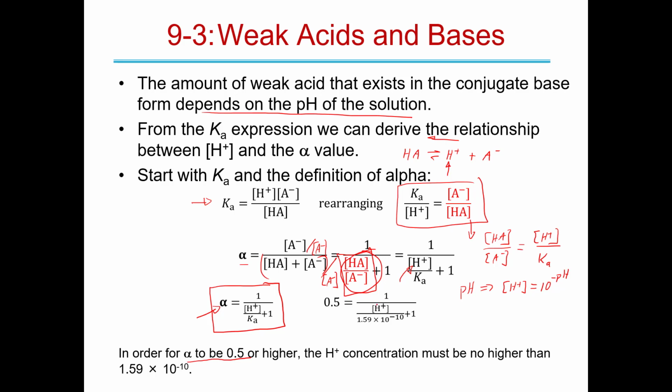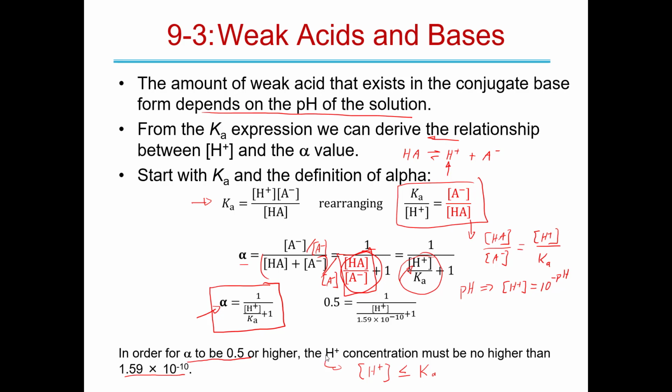And so our H+ concentration could be no higher, for the weak acid that we were working with, the trimethyl ammonium chloride, than the Ka value for that, 1.59 times 10 to the negative 10th. So in general, the H+ concentration would have to be less than or equal to the Ka value, because that would get you 1 here for this term if they're equal. 1 plus 1 gives you 2. 1 over 2 is 1/2. That gives you the 50%.